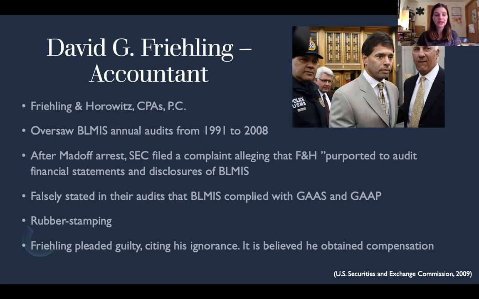He falsely stated in his audits that BLMIS complied with generally accepted auditing standards and GAAP, which is generally accepted accounting principles. He was also accused of rubber stamping, which is the act of approving something without giving any real consideration of the action. He pleaded guilty. He cited his ignorance, saying that he was just, quote, a dumb auditor. But it is believed he did receive compensation for his doings.